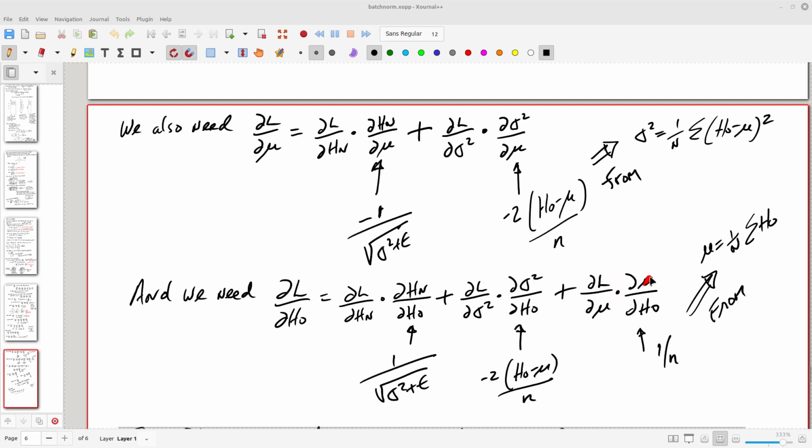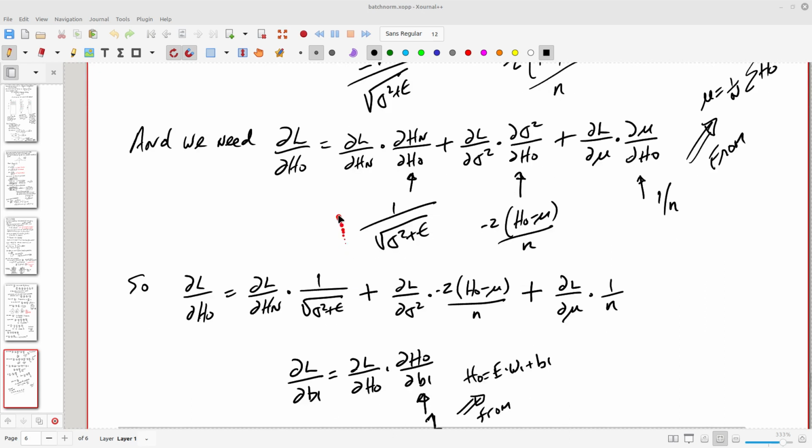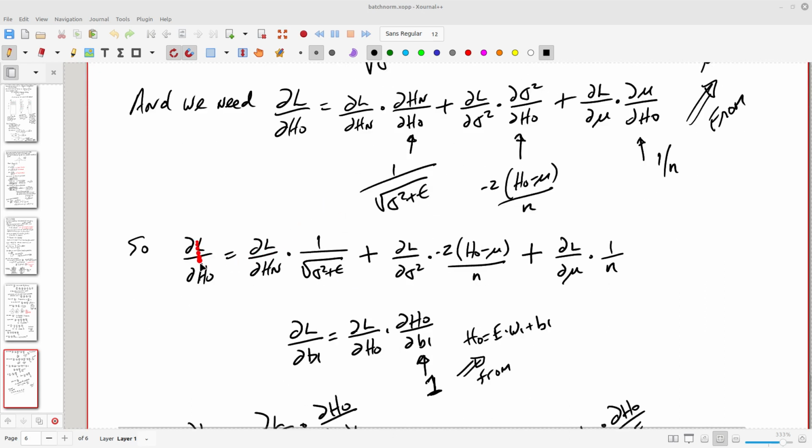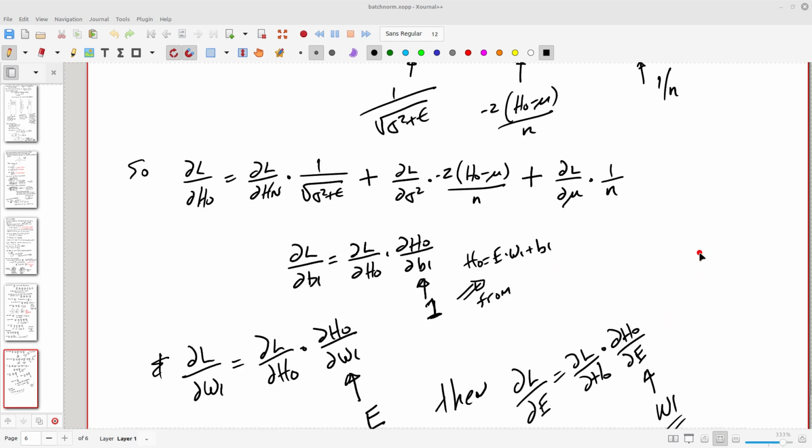And DL d mu times d mu DHO, which is 1 over that, which comes from this formula here. So now we have all of that. Remember, DL DHO is the loss with respect to the very first layer. So it comes out to this times this plus this times this plus this times this. So it's 3 different components.